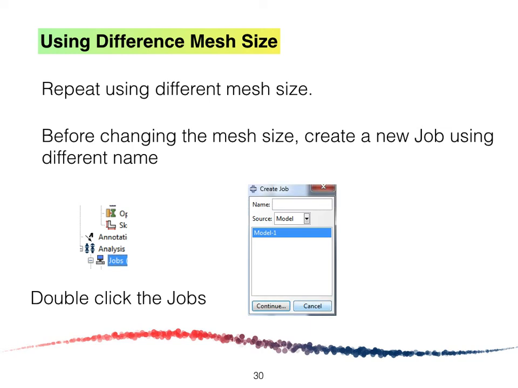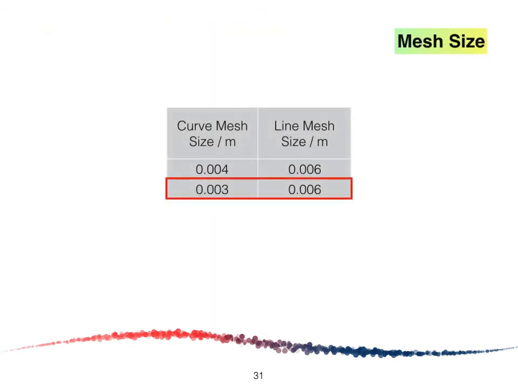So I'm going to name it as you like, maybe solution 2, and click continue. After we click continue, we may change our new mesh size. In this particular example, for the curve or circle, I'm going to use 0.003, and for the line, which refers to horizontal or vertical, it is 0.006.